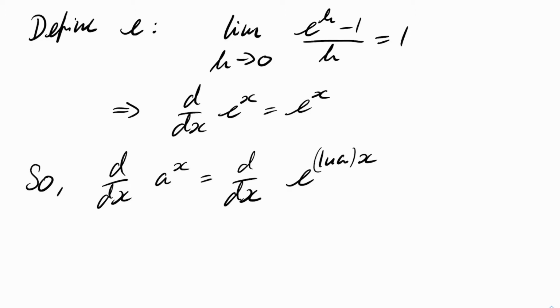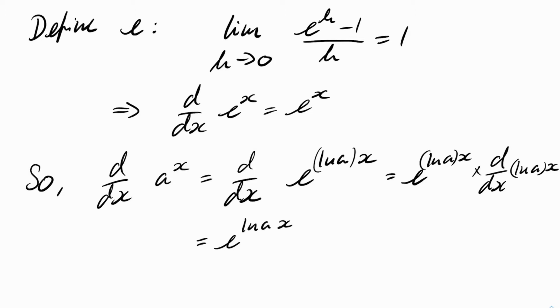So now using the chain rule, we have the derivative of the exponential part times the derivative of log a times x. Now that's just a constant times x, so therefore this is equal to e to the log a times x times log a, which is just a to the x times the logarithm of a.